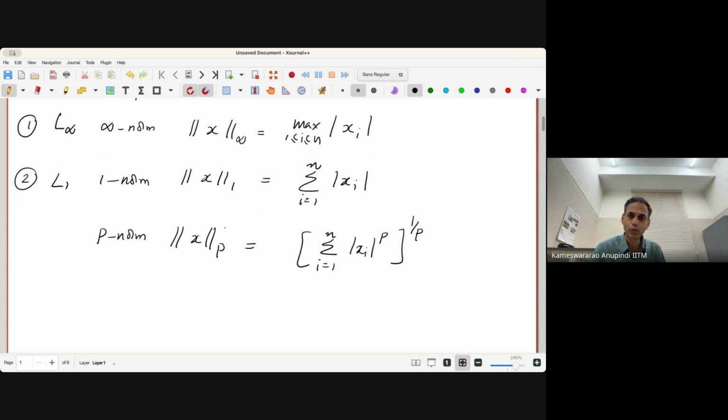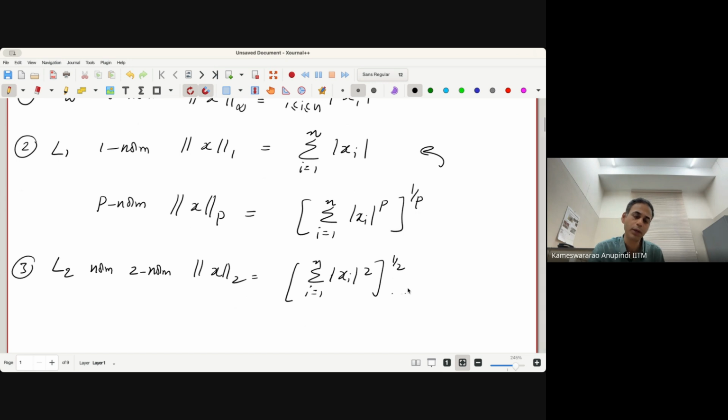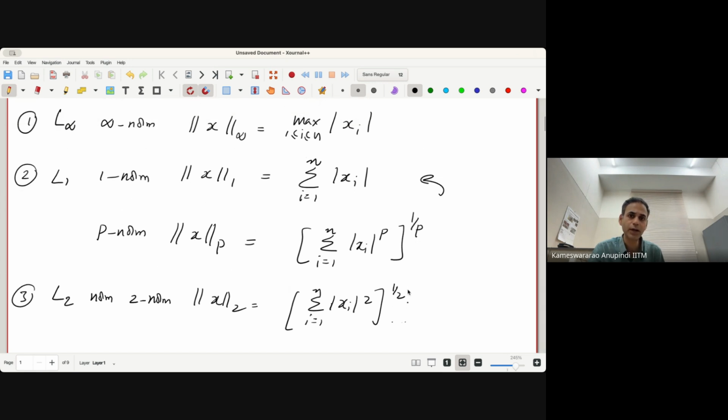For example, if you substitute 1, you're going to get whatever I have written on the top. You can also get the L2 norm, which is the 2 norm, by substituting p equals 2. That gives you the 2 norm as sigma modulus of xi square, i equals 1 to n, and then the square root of that. Okay, that is your 2 norm, and so on. So we can define several of these norms like this.